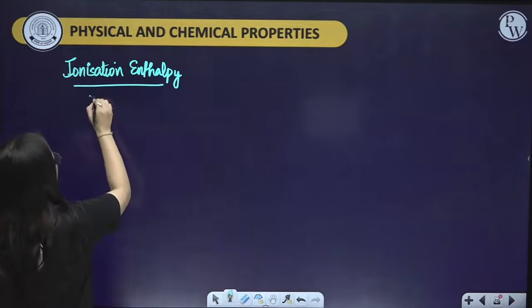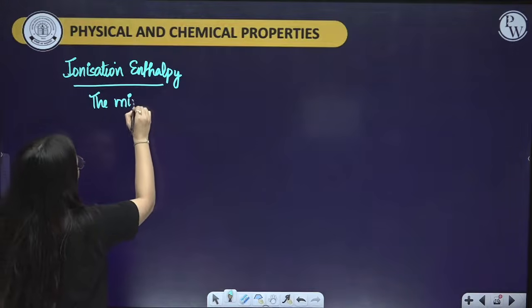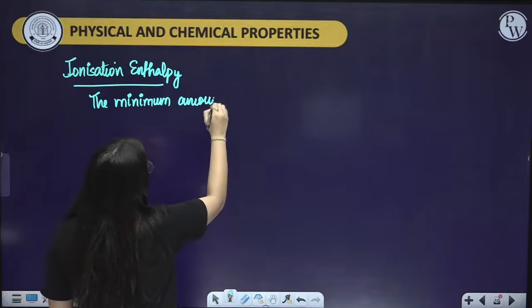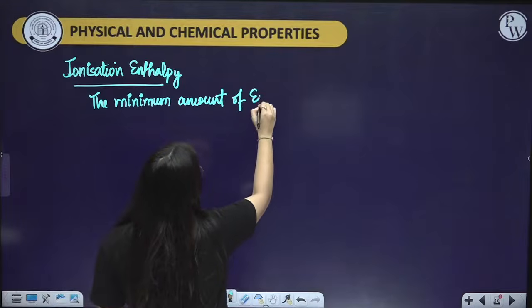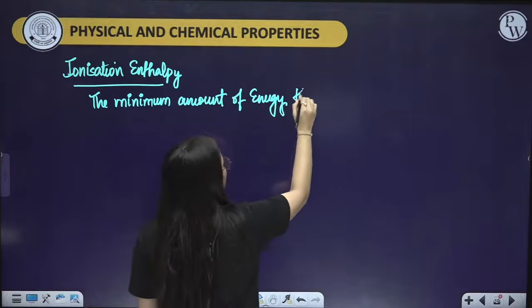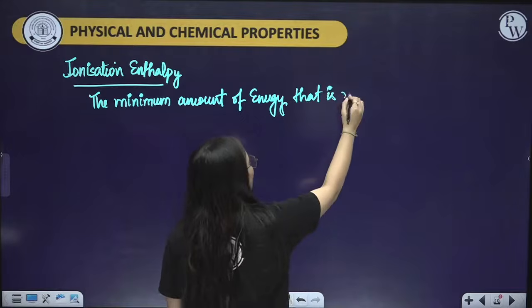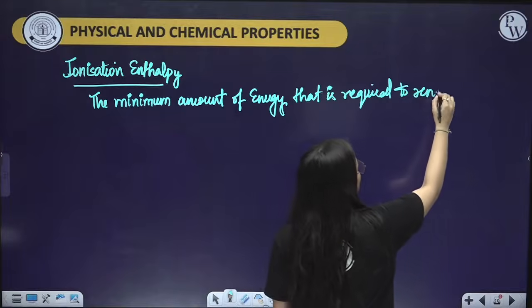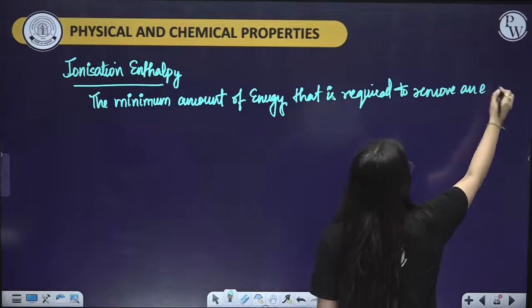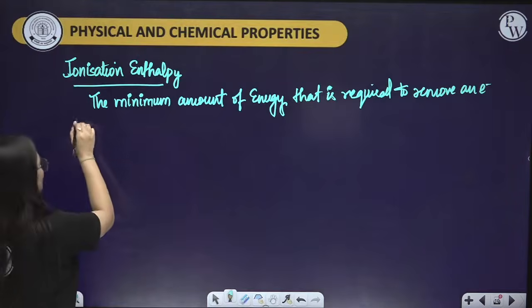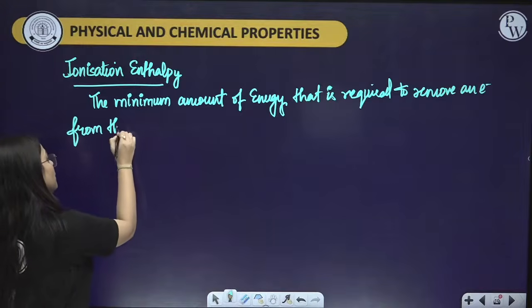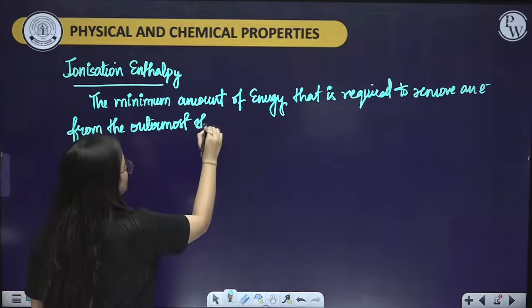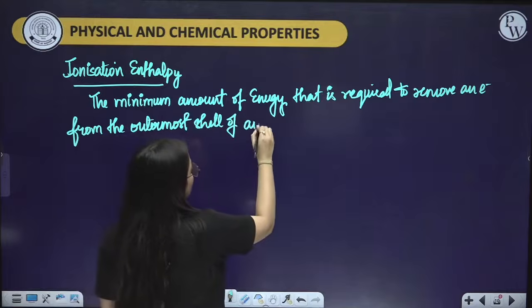This is basically the minimum amount of energy that is required to remove an electron from the outermost shell of an isolated gaseous atom.